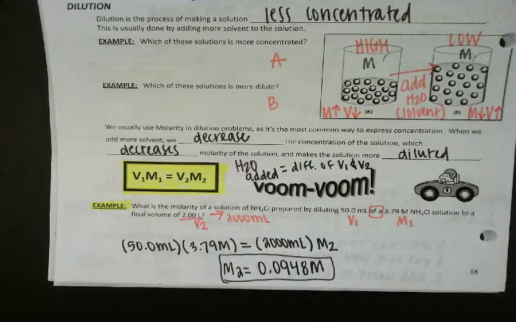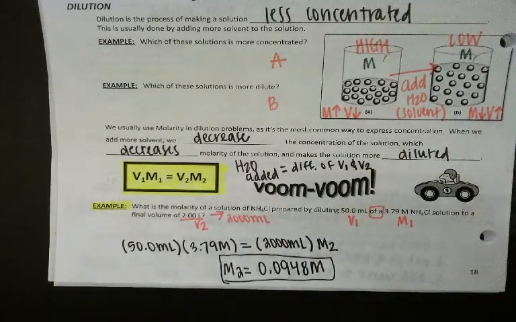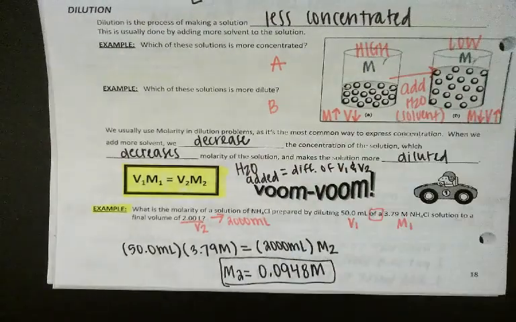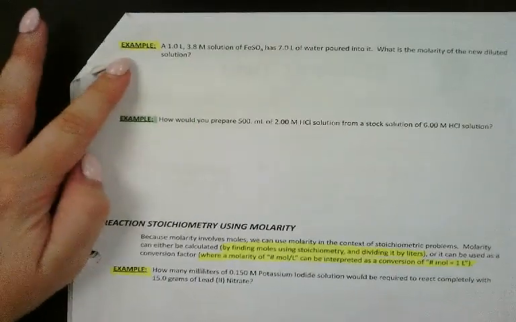So if there's ever a problem where you have to figure out what was added, that is how you would do it. It's the difference of V1 and V2. Okay? So let's do this next example.